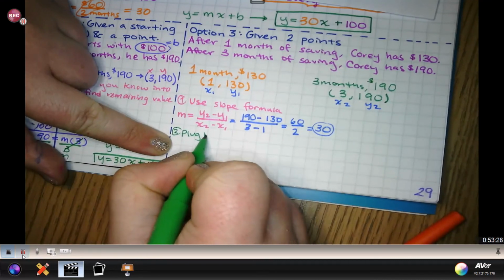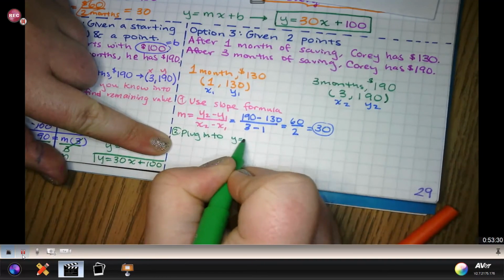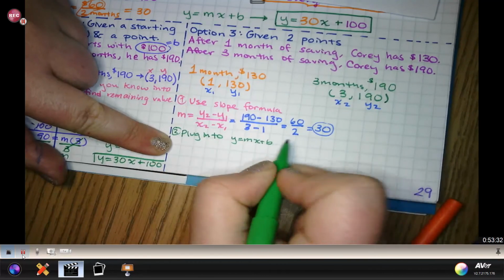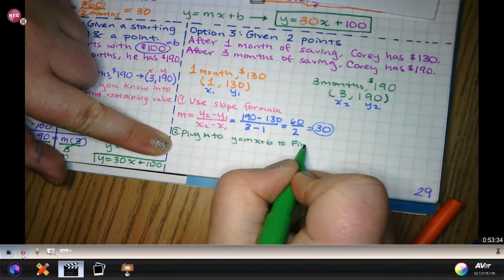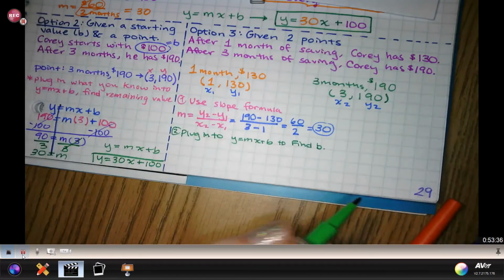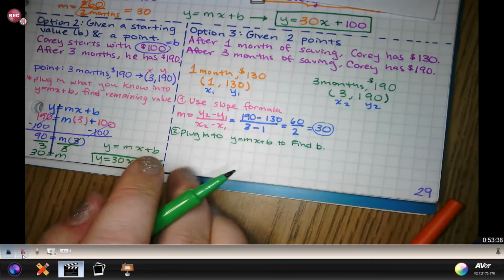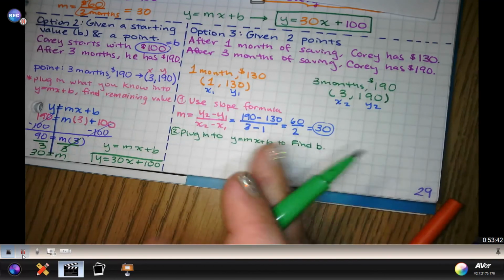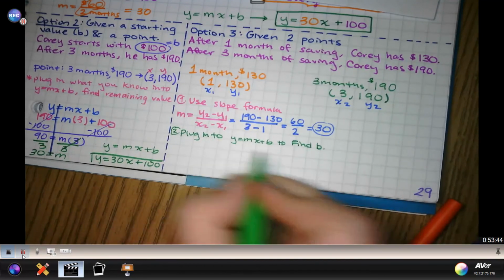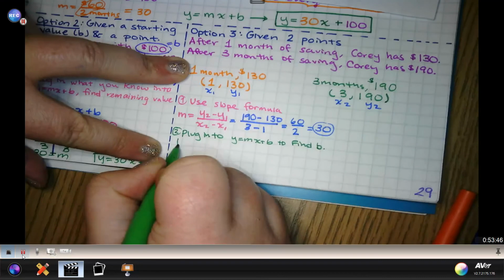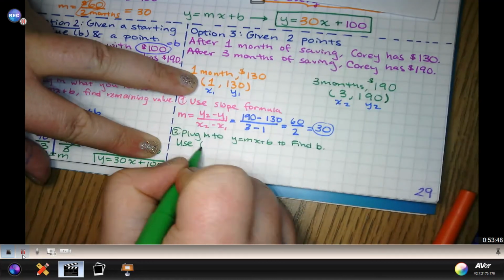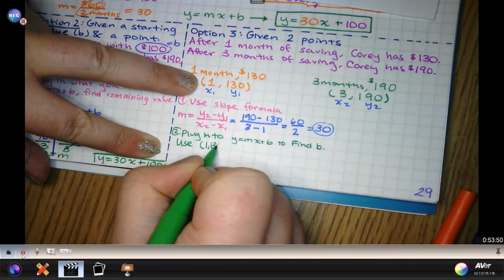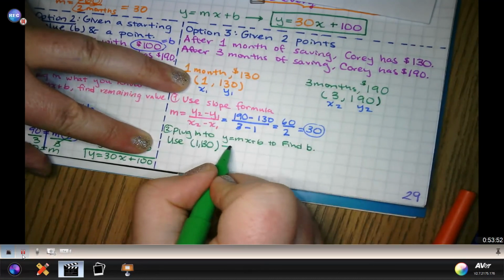Plug into y equals mx plus b to find b. Okay, so remember, if you look above, it says that we have to pick one of the points. And again, you can pick either, you will end up with the same answer. So I'm going to use 130, it doesn't matter.